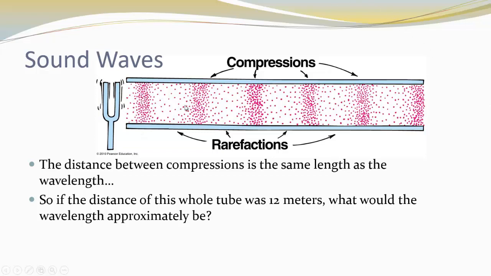So that's 1 wave, 2, 3, 4, 5. So if you had 12 meters, it would be 12 meters over 5 waves. So whatever 12 divided by 5 is. It might be easier if you did 10, because then you would have 10 divided by 5, which would give you 2. The point is, you can count the number of waves by going compression to compression. And then if you know the length of the object, you could actually calculate the wavelength.